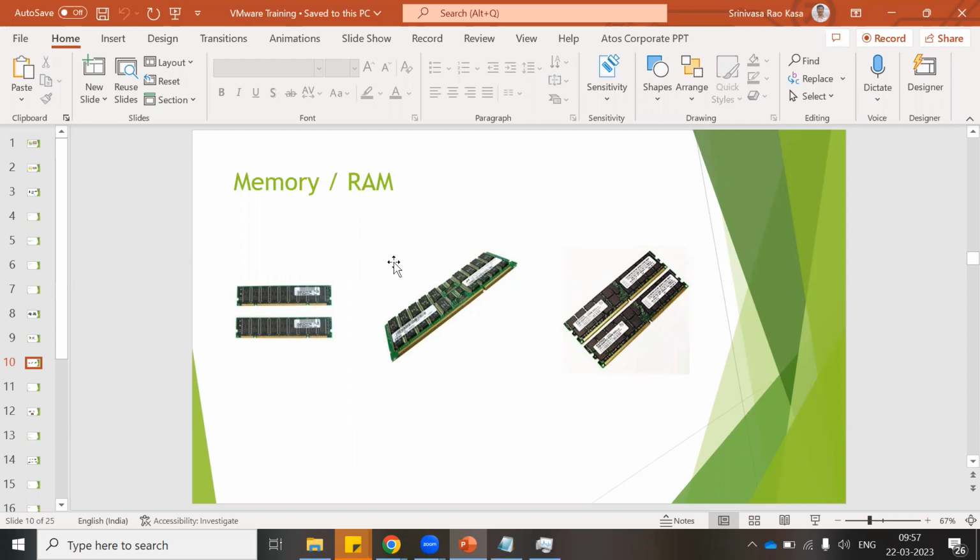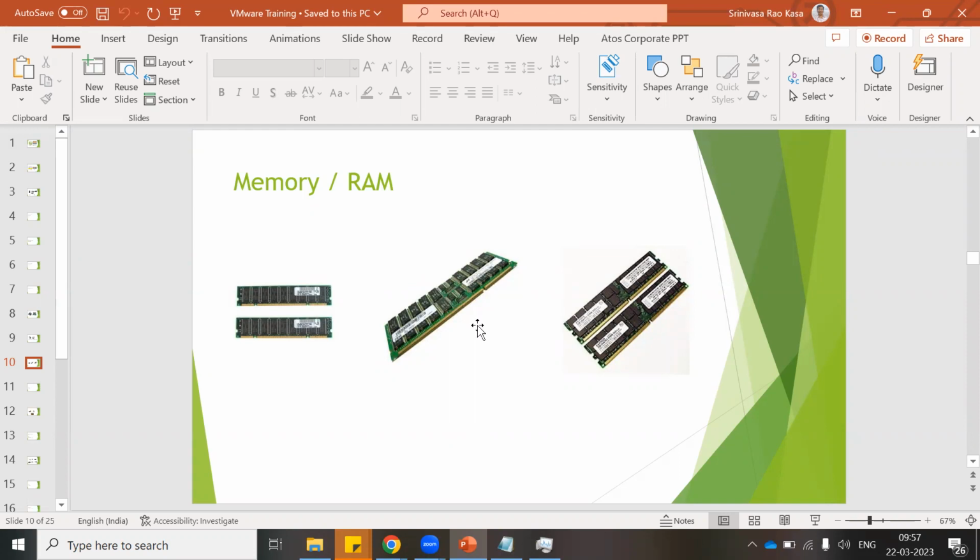We need to understand the difference between memory and storage. As technical people, we should not make those technical misstatements. Even storage is represented in GB, TB, and even memory is represented in GB, TB.